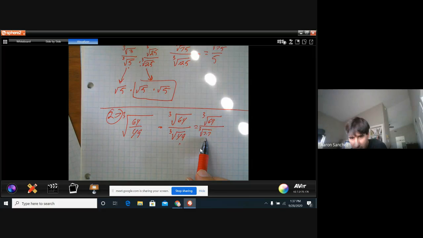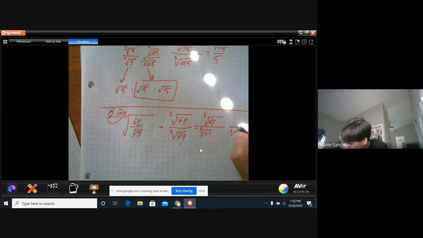Mm-hmm. Okay. But I want it to be a cube root. How many 7s do I have there? 2. Well, to make a cube root, I need a third one, right? Yeah. So let's multiply it by 7 again. Because it's 49, right? This is 7 times 7, and multiply by 7 again, that'll be my cube root.